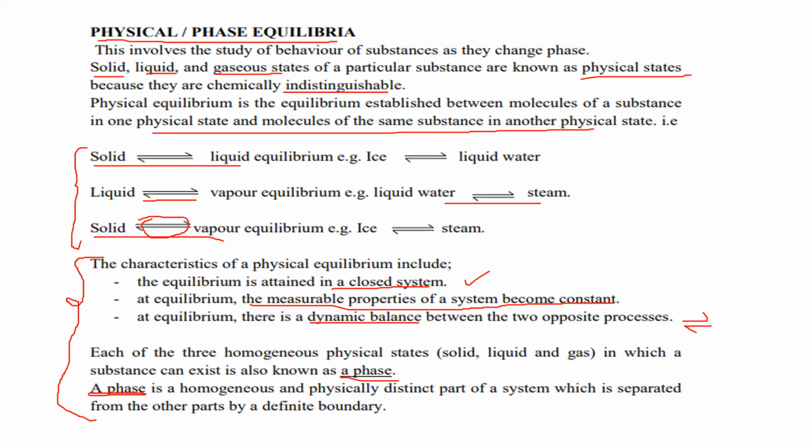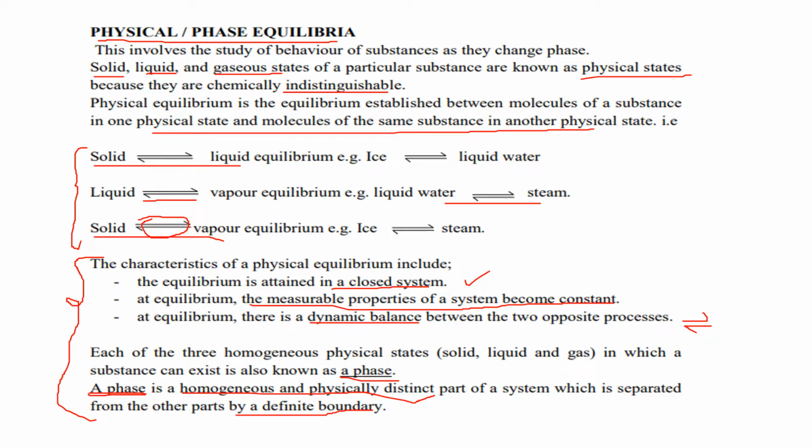Note this, if we are to ask you the definition, we shall put here the marking points: homogeneous and physically distinct, because for you to differentiate a phase, it must be physically seen and physically distinct. A phase is a homogeneous and physically distinct part of a system, which is separated from other parts by a definite boundary.